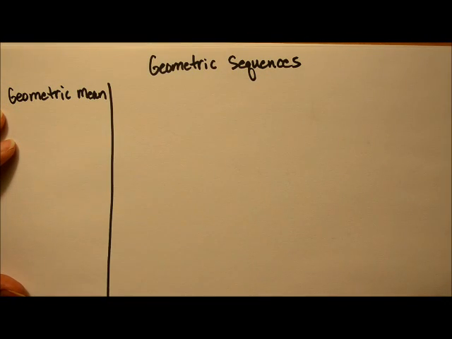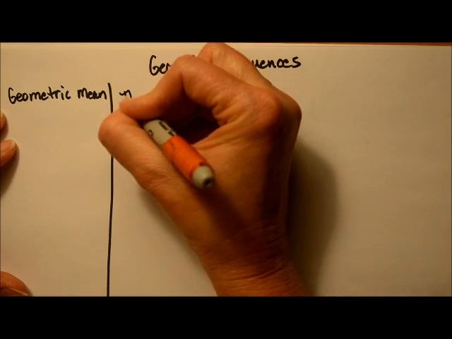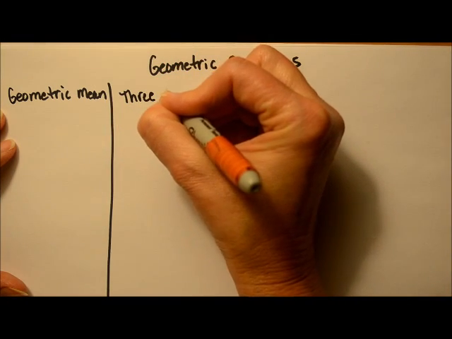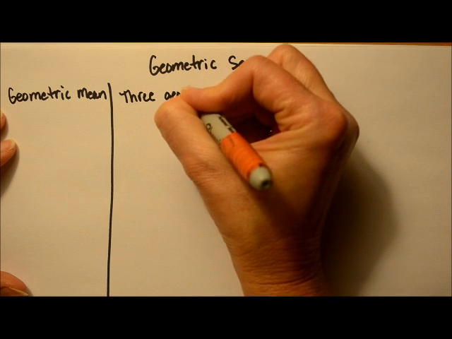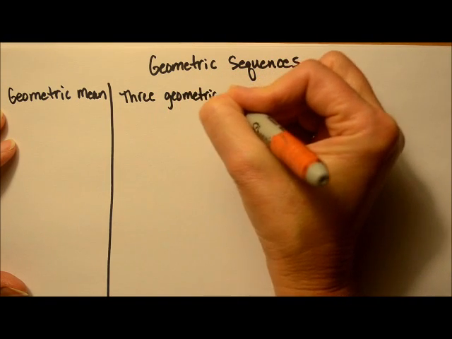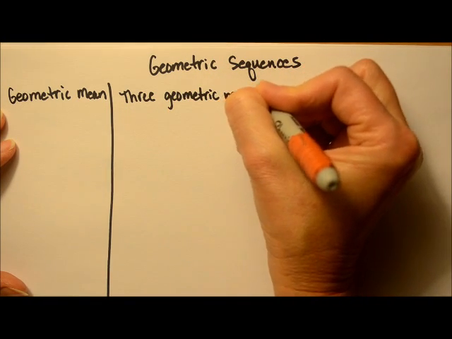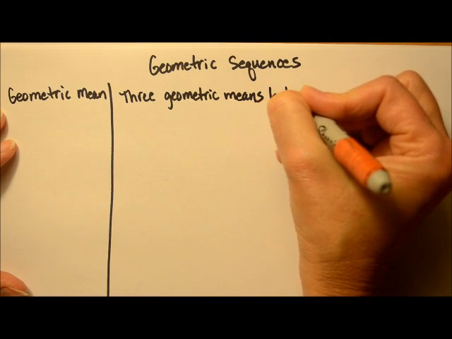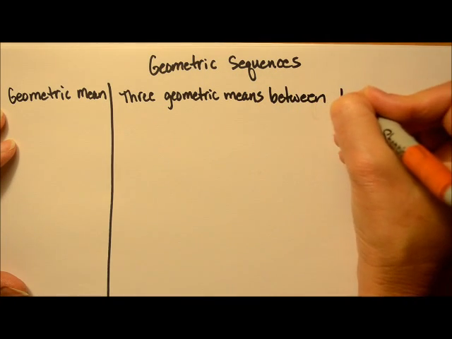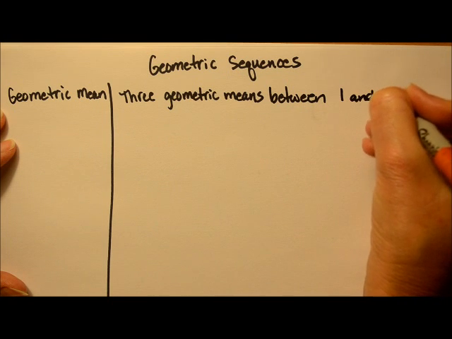Geometric mean. Let's say I want 3 geometric means between 1 and 16.